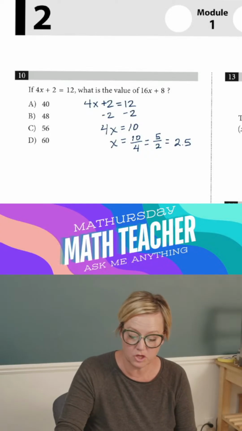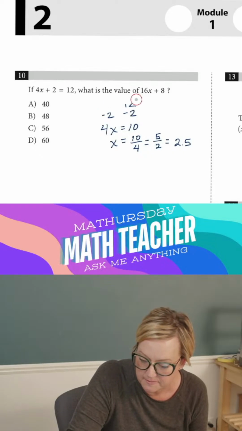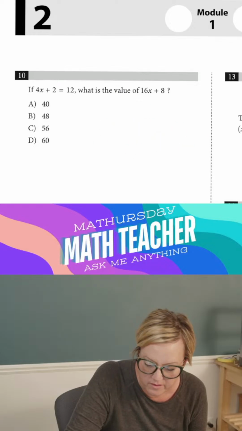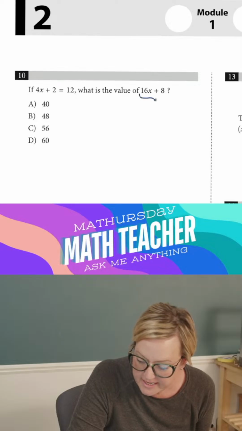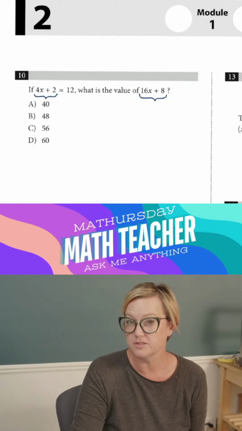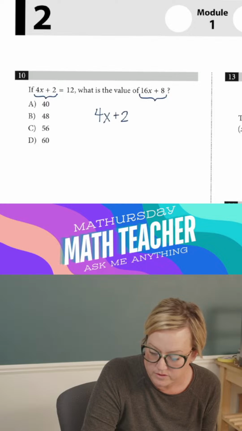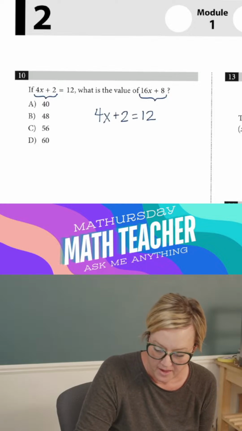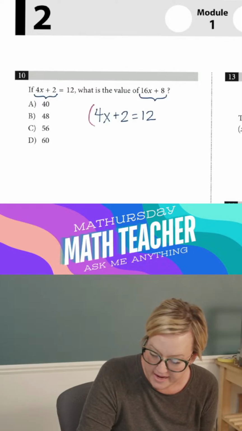But working with 2.5 is kind of ugh. What I may also notice is that 16x plus 8 is 4x plus 2 if I multiplied it by 4. So if I have 4x plus 2 equals 12, and I'm trying to figure out 16x plus 8, if I multiply this by 4, that gives me the 16x plus 8.